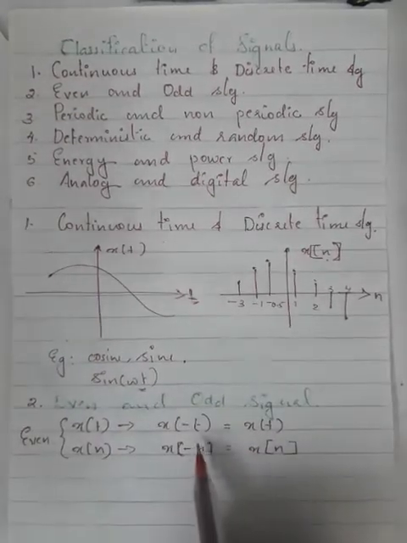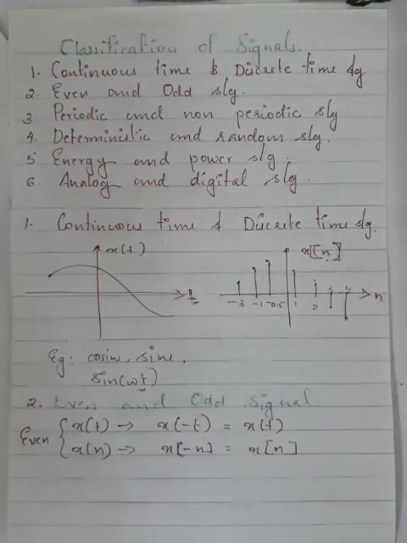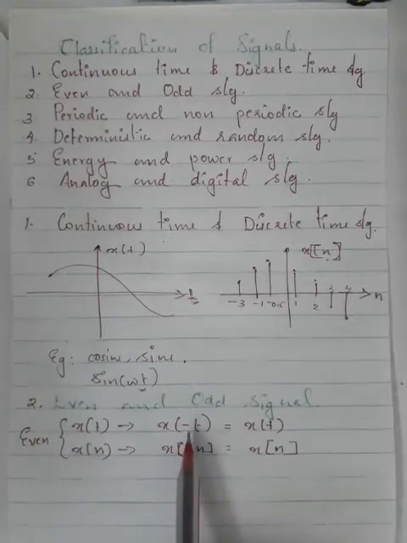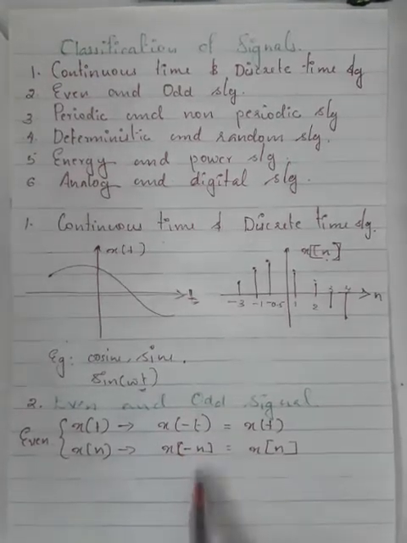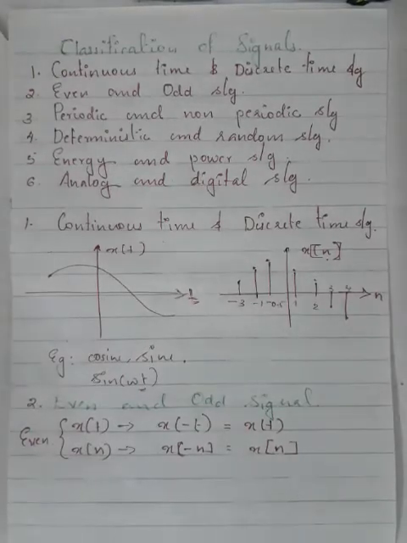So signal x of t or x of n is said to be an even signal if x of minus t or x of minus n is equal to x of t or x of n.